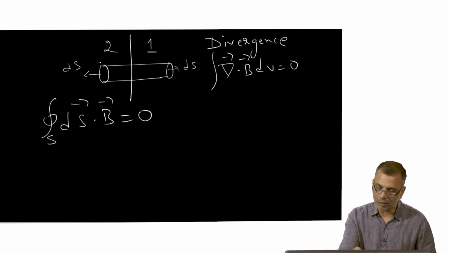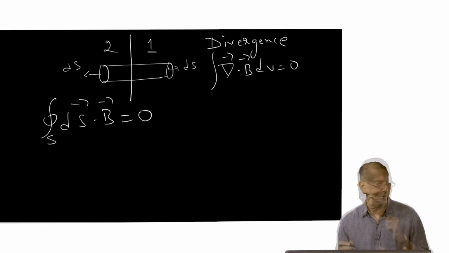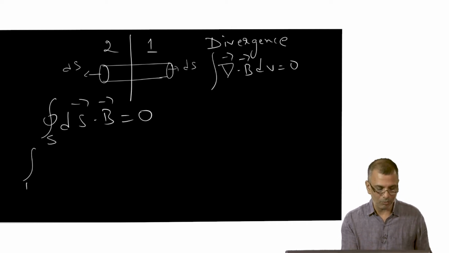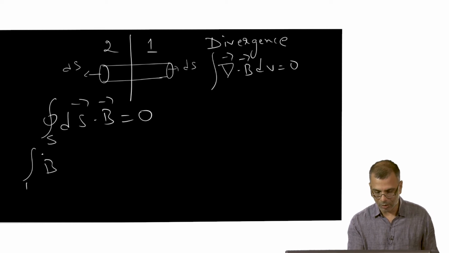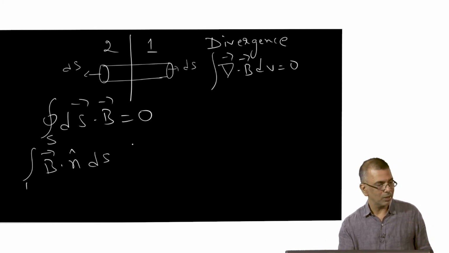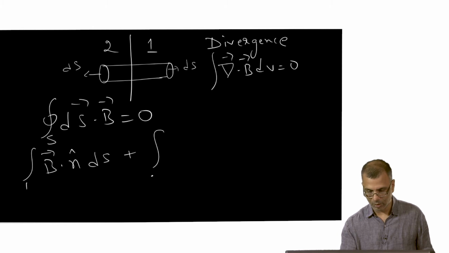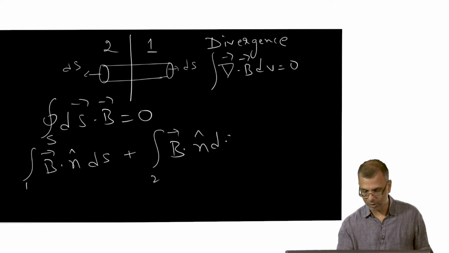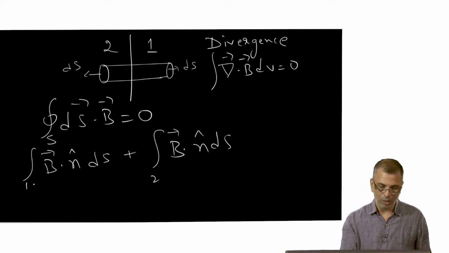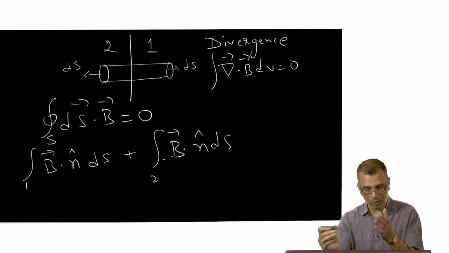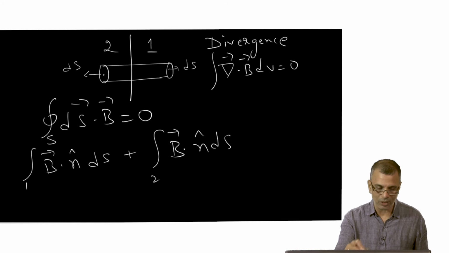Now we perform this integral over the cylinder. So essentially what happens is you have from 1 and 2, over 1 B dot n ds, where n is the outward normal, plus B dot n ds. This is over the face in medium 1, or on side 1, and this is over the face on side 2.